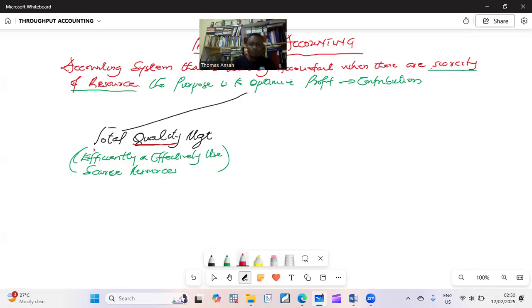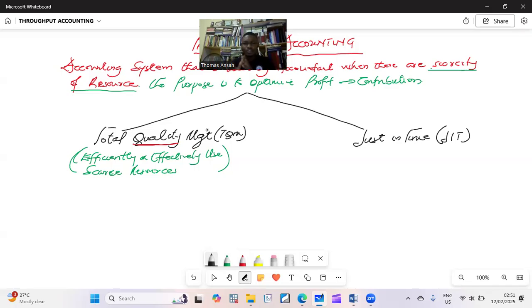But not only quality management is underpinning the concept of throughput, there is also what we call the just-in-time concept, JIT. Why just-in-time? Because the resources are scarce.